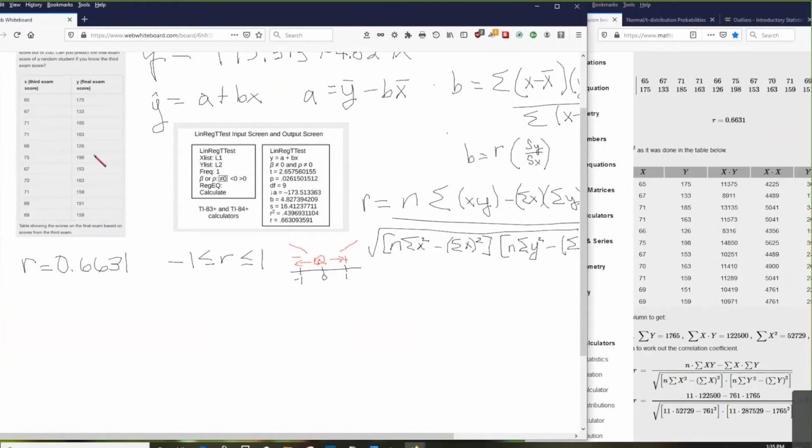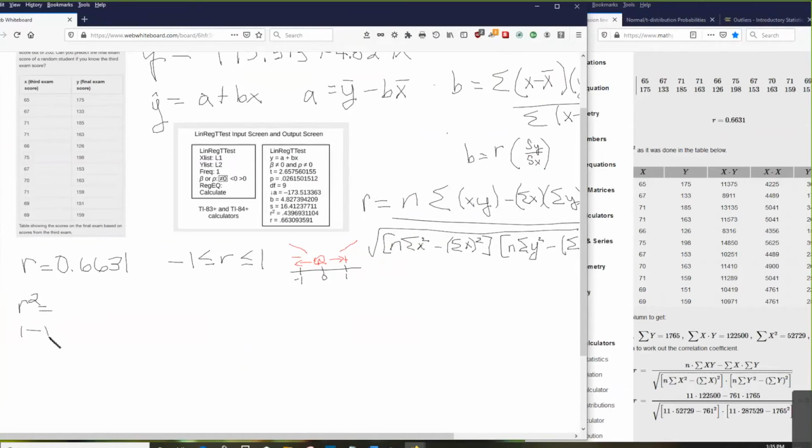So now we have the coefficient of determination, which is your R squared, and it is usually expressed as a percentage. It's the percentage of variation in Y that can be explained by variation in X using the best fit line.